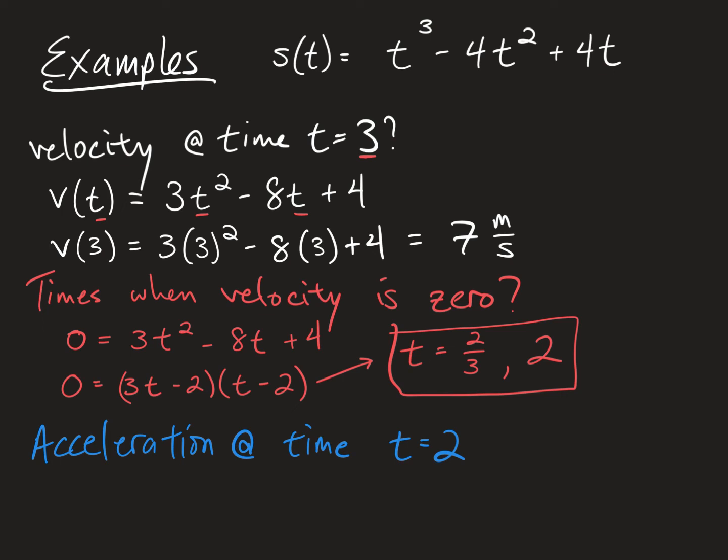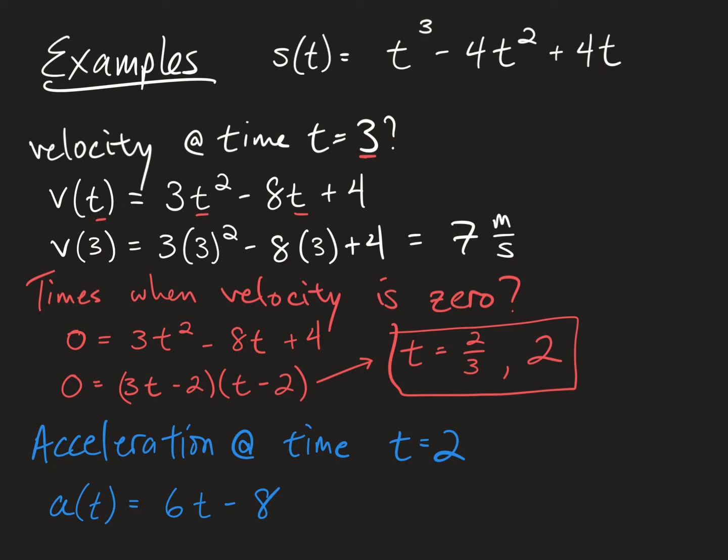The last example on this slide, you can see we're trying to figure out the acceleration at time 2. For this, we first have to find the acceleration function, which is the derivative of the velocity function up here. Again, we can just use the power rule. We can say the acceleration function, I'm going to call it a of t, equals 6t minus 8.